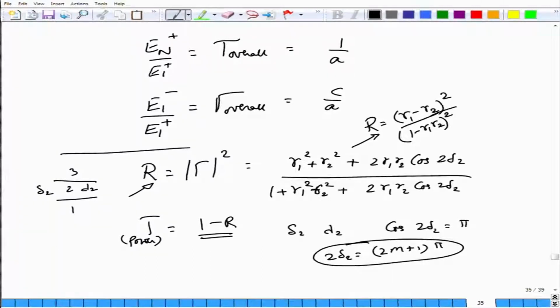Similarly, what will happen to R2? R2 is given by N2 minus N1 over the sum, which will now be equal to minus R1. So, I can substitute for this in the expression that we have derived, and I obtain reflection R to be 2 R square divided by 1 plus R square. There is nothing much interesting happening out there.